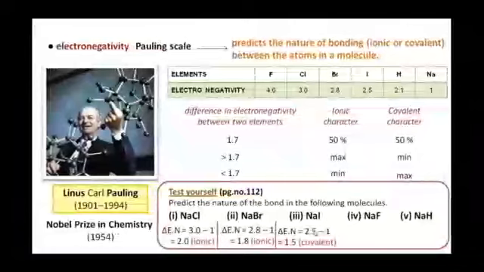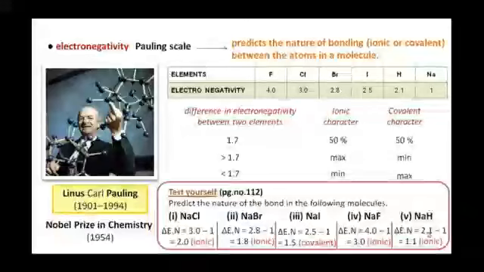Electronegativity difference is equal to 2.5 minus 1, which is equal to 1.5. 1.5 is lesser than 1.7. Therefore, the bond between NaI is covalent in nature. Next, NaF, sodium fluoride. The bond between NaF is ionic in nature. The last one is sodium hydride, NaH. The bond between NaH is ionic in nature.